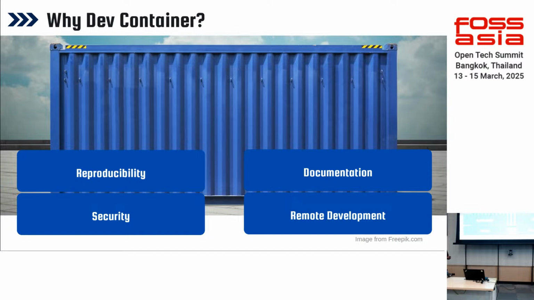And number two is security. So how is it secure? I mean, when we install anything from the outside world, there is a chance that we might give access to our host machine to somebody else. There is a chance with everything. But when you run inside the container, you localize that to only the container.